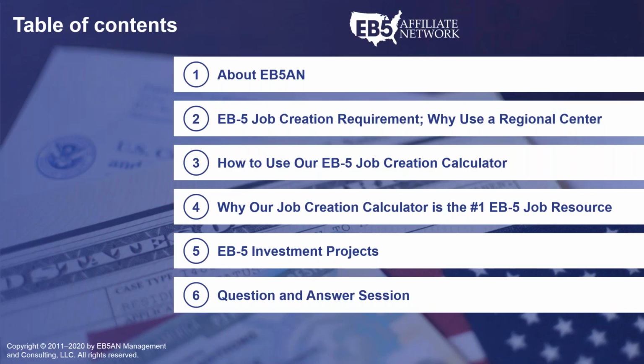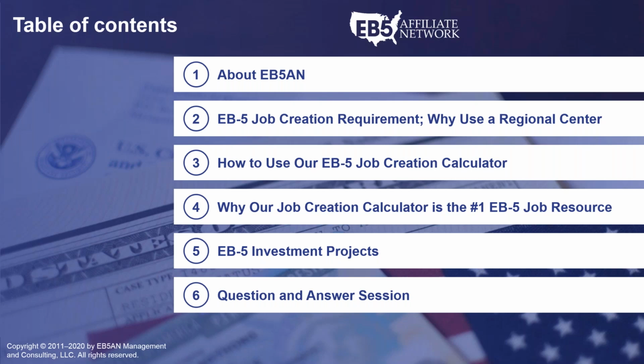Okay, so quick overview of what we're going to discuss today. First, a little bit about EB5 Affiliate Network, EB5AN for short. We're going to talk a little bit about job creation requirements for EB5 visa investments and why most projects choose to use a regional center. We'll talk a little bit about our job creation calculator, where it is, how it works, how to use it.